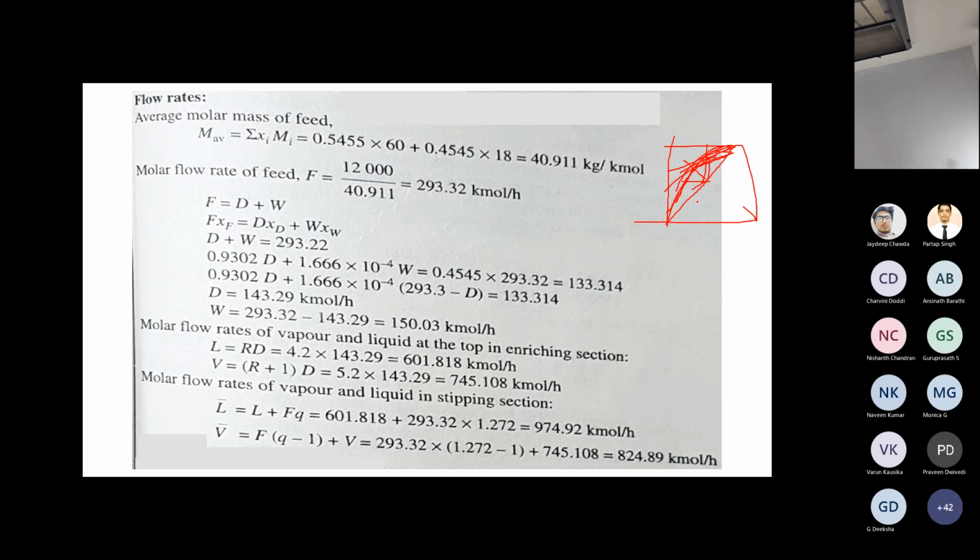That's why every time you start from the operating line to the equilibrium line, and again come to the operating line, that gives one full stage. So you can calculate the number of theoretical equilibrium stages required for the desired separation.